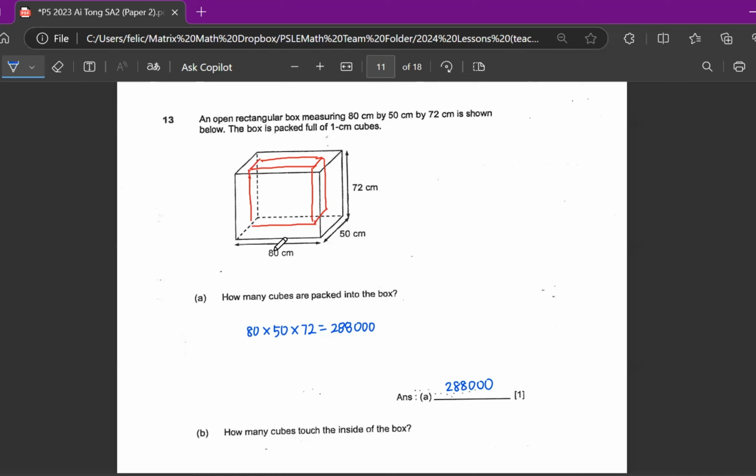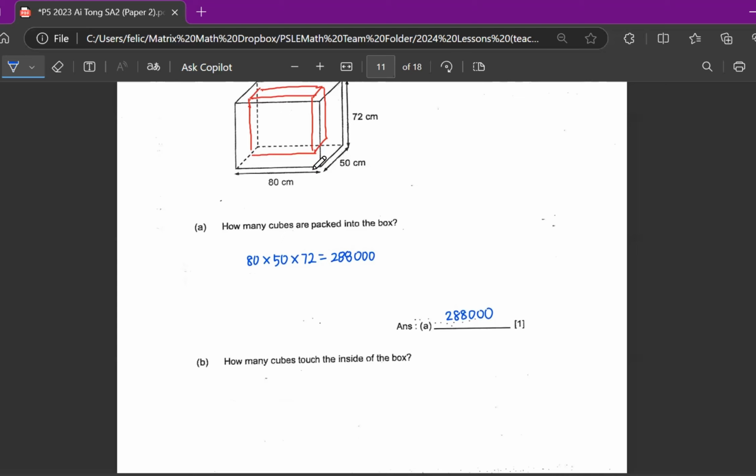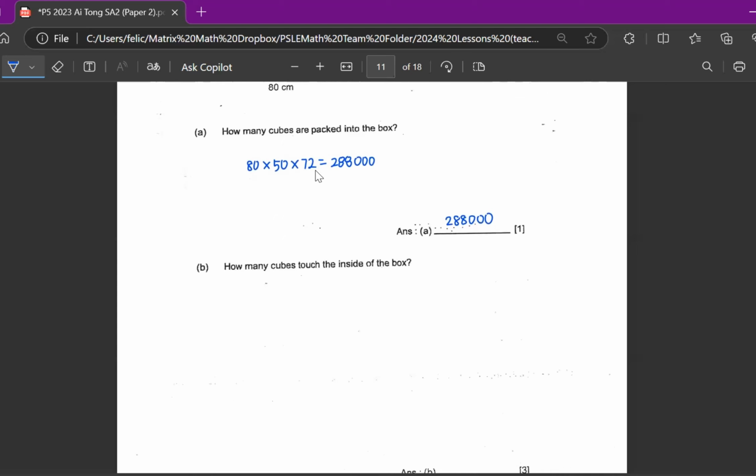So take 80 cubes along the length, minus 1 cube here, minus 1 cube on the right-hand side, to get the number of cubes along this red line. 80 minus 1 minus 1 is 78. So this is 78 cubes that do not touch.